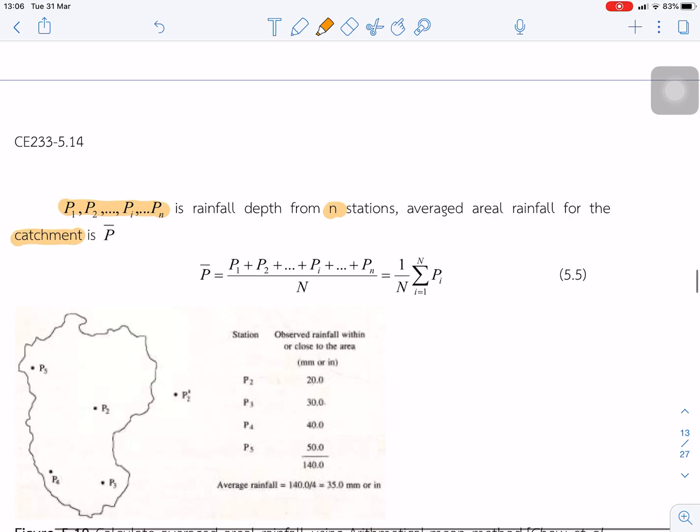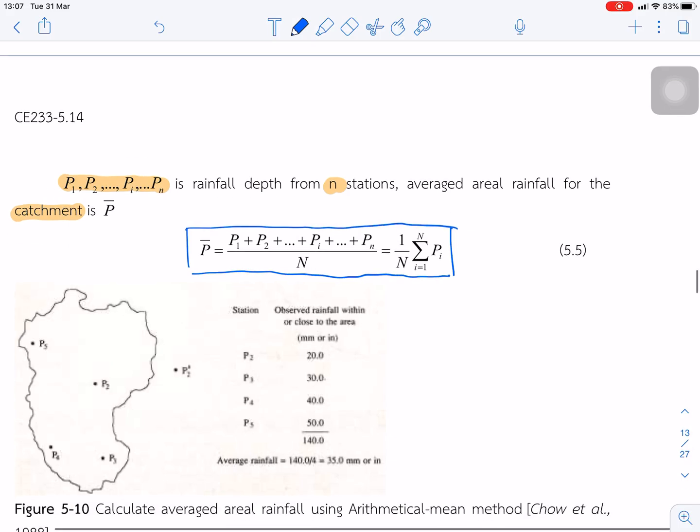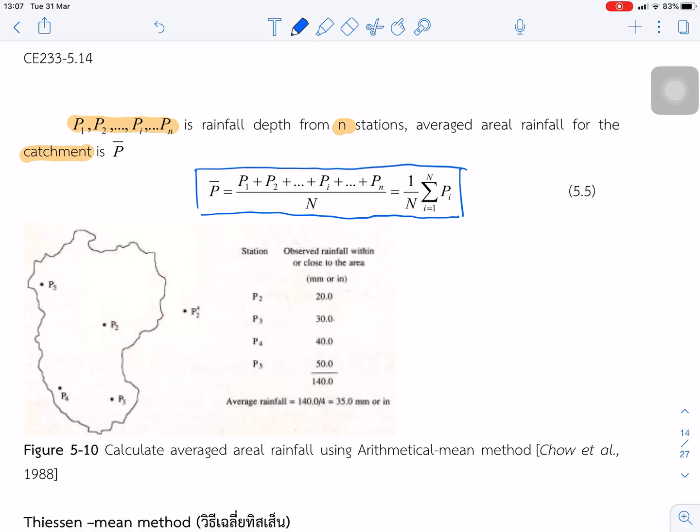Okay, so based on this equation, for example, we have 4 stations inside of the subcatchment: 2, 3, 4, 5.